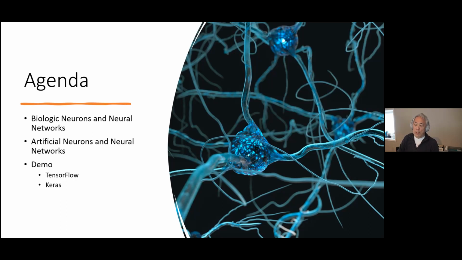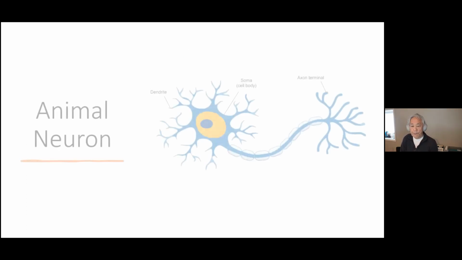And then we'll go into a demo on Keras and TensorFlow. And if you have any questions about it, feel free, like I said, just to stop me and ask as we go along. Any questions on that? Okay, good. Let's move on.